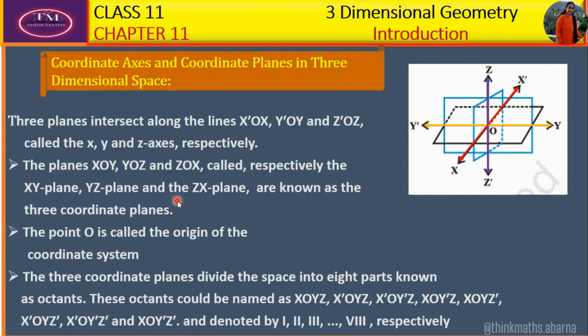These three coordinate planes divide the space into 8 octants.